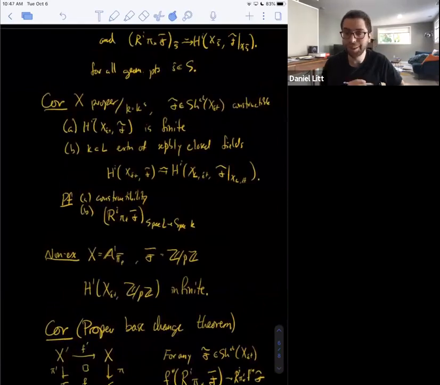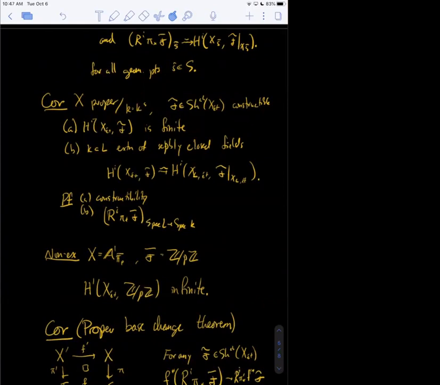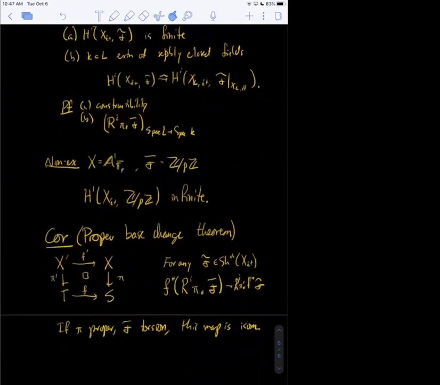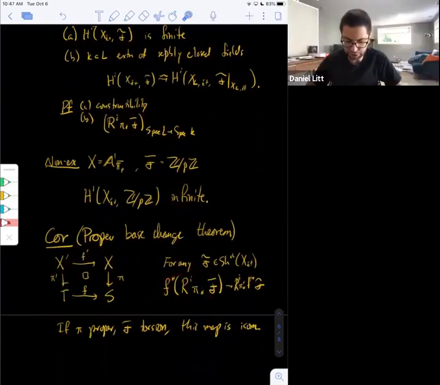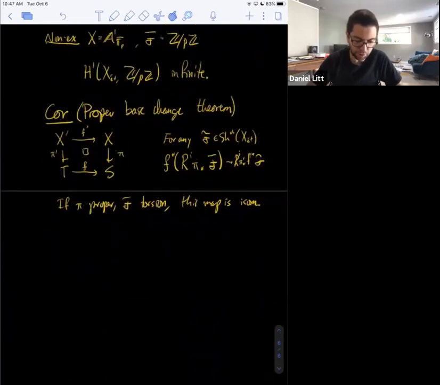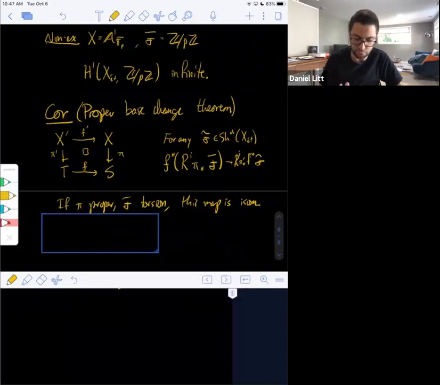Can anyone tell me why that is? The upper star is just taking the stalk, and the right is just the cohomology. Yeah, so this is taking the stalk of the cohomology sheaf. This is taking the cohomology of the fiber. That's exactly right.